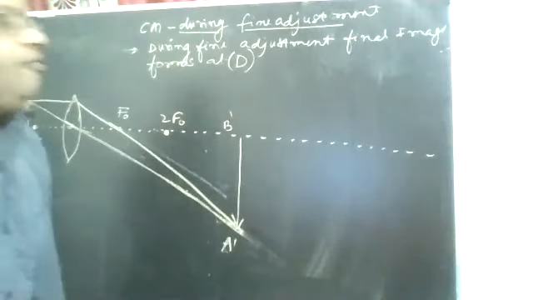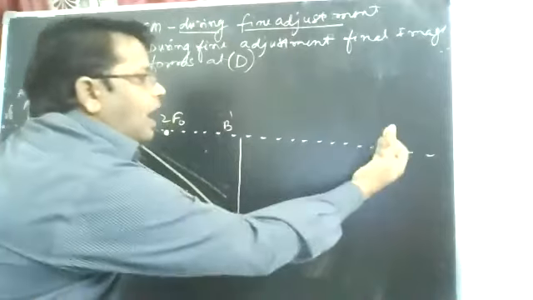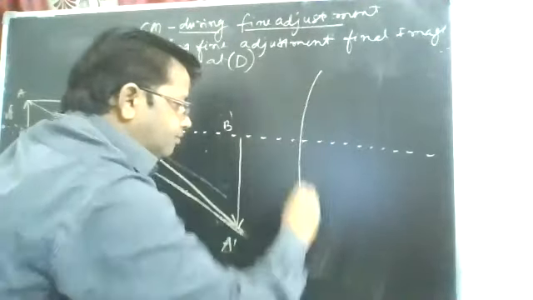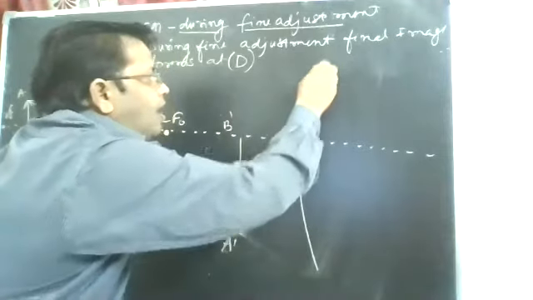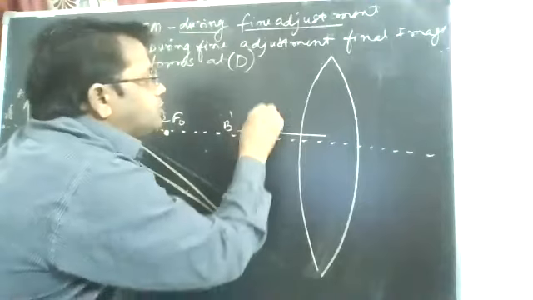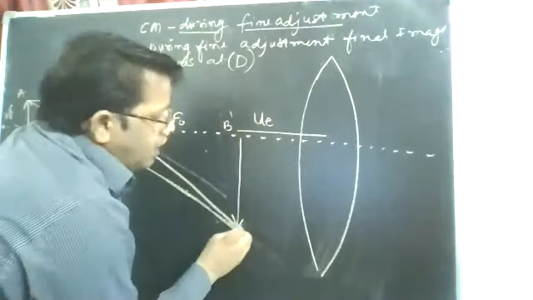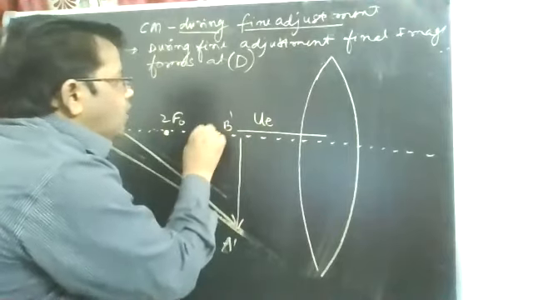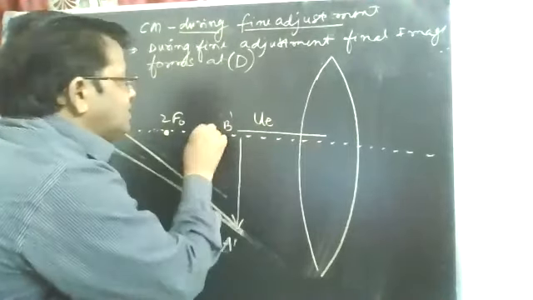Now, if you move the eyepiece lens closer towards this in such a way that the final image forms, what is this distance? UP, the object distance from the eyepiece. So the final focal length is somewhere like this. The focal point of the eyepiece shifts here.